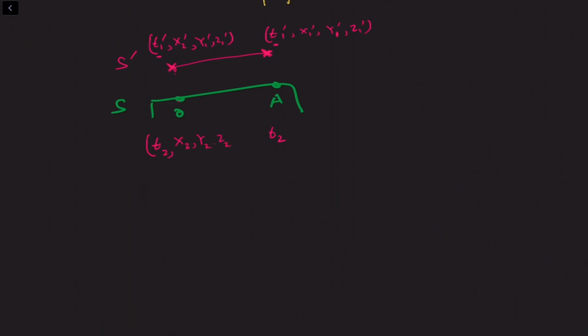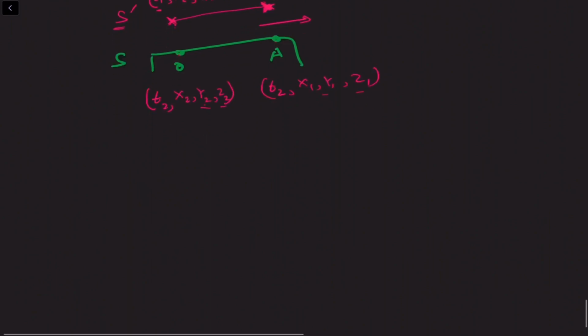And t2 is the time of the second space-time point where the observer S prime takes a second measurement of the location of the endpoint of the rod, which would be t2, x2, y2, z2. And again, since we're assuming that the rod is placed along the x-axis and the motion of S prime relative to S is along the x-axis, y2 and z2 would be the same as y1 and z1.